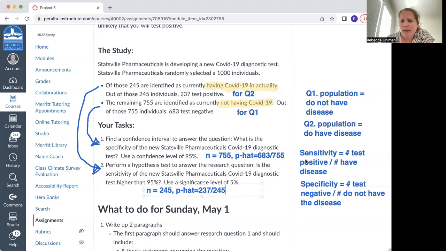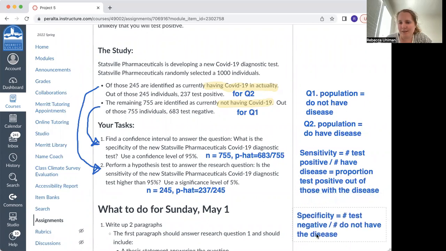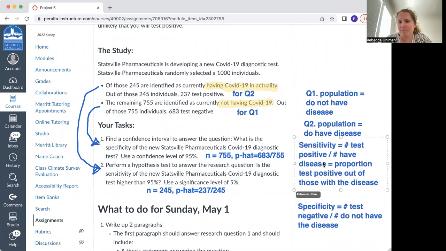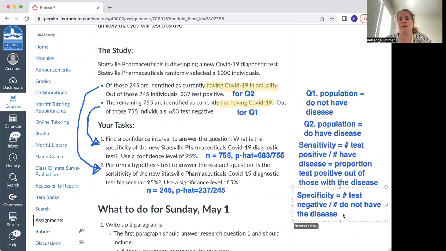Again, sensitivity, we're looking at the number that test positive out of those that have the disease. This is the proportion who test positive out of those with the disease. I will move the bottom box in just a moment. I apologize for the overlap. Moving this one, there we go. Specificity, we're looking at the number who test negative out of those that do not have the disease.